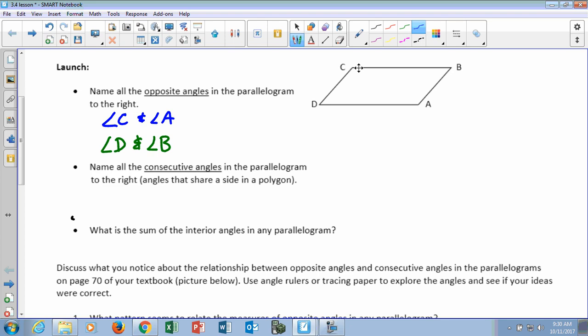Okay, so again, here's line AB, right? So angles A and angle B are on that, right? Okay, give me another one. Okay, C and B. Because this line right here shares angle C and angle B.